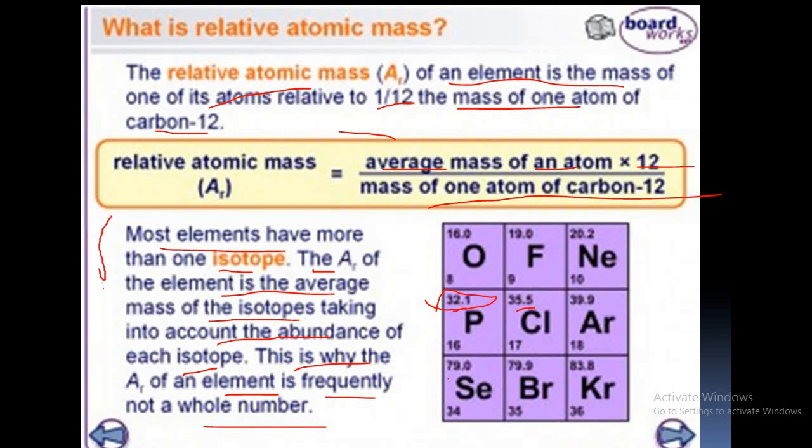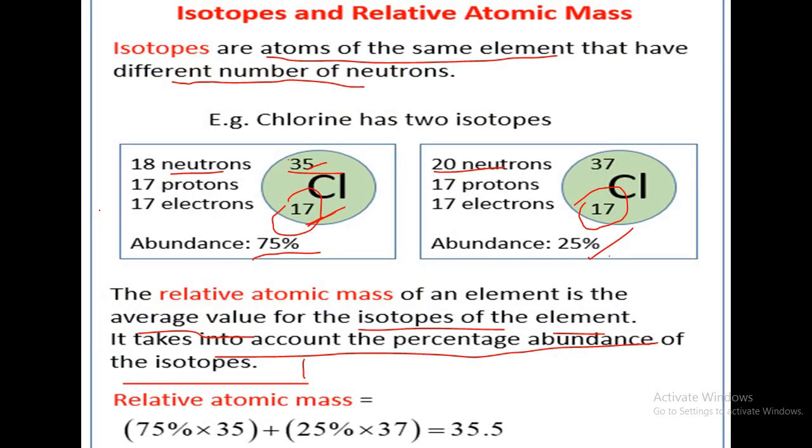So the next homework is to write down the answer to why most of the elements have a relative atomic mass that is not a whole number. You will write down the answer from this particular part.